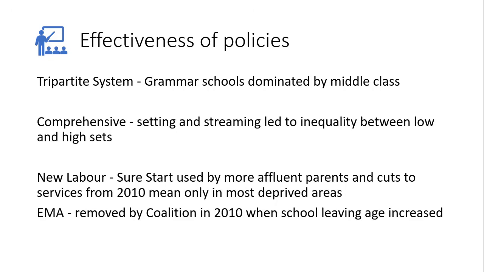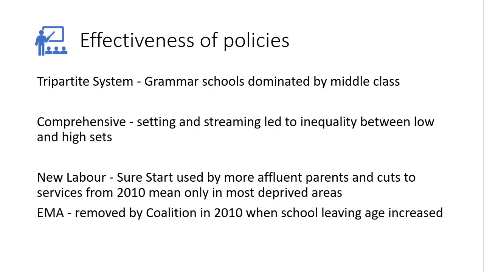What we also have to be able to do is ask, how effective were these policies? The tripartite system was criticised as the majority of students in the grammar schools were middle class. While some working class students did excel in the grammar schools and gained educational and social capital, many more were deemed to be no-hopers and were shipped off to secondary moderns at the age of 11.